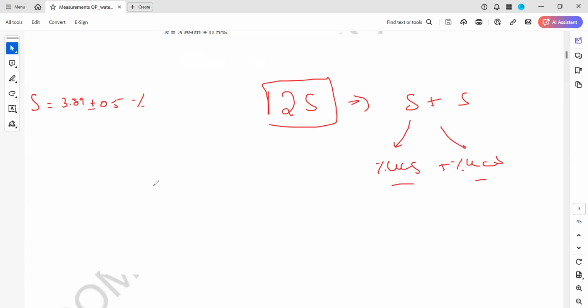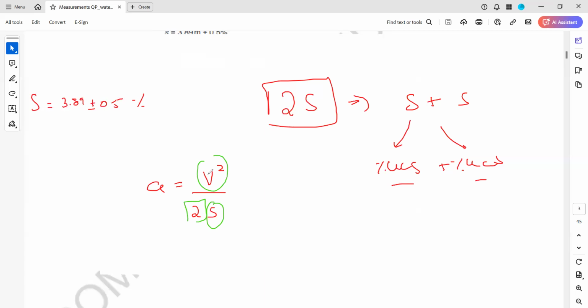But when we are calculating the acceleration here, the acceleration is calculated by the formula v squared over 2s. So we actually measured v and we only measured s. 2 is already a part of the formula. That's why we did not include it when calculating the percentage uncertainty.